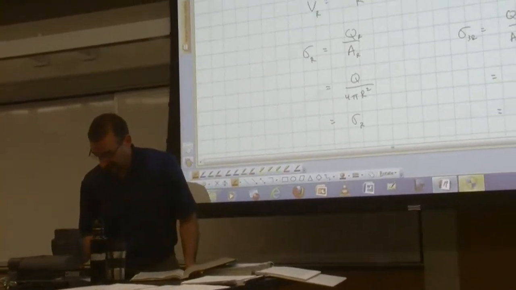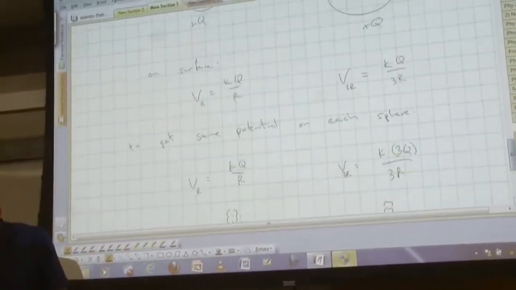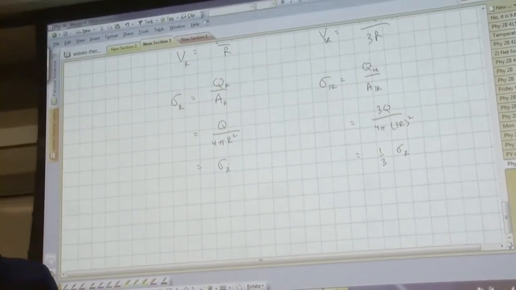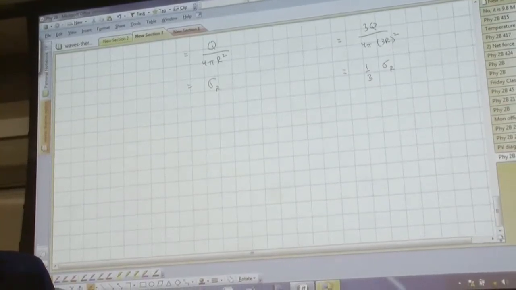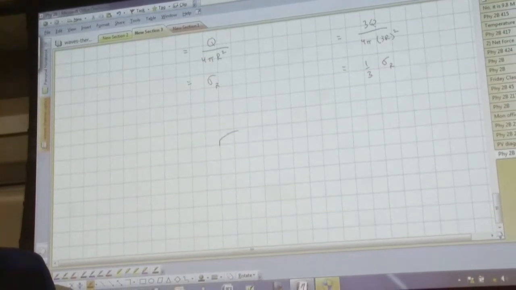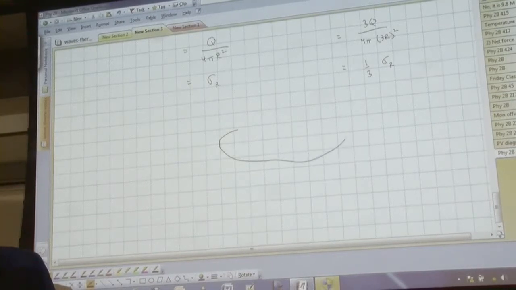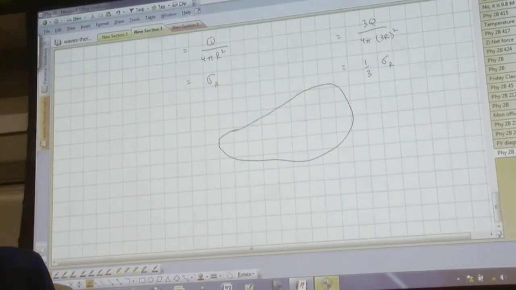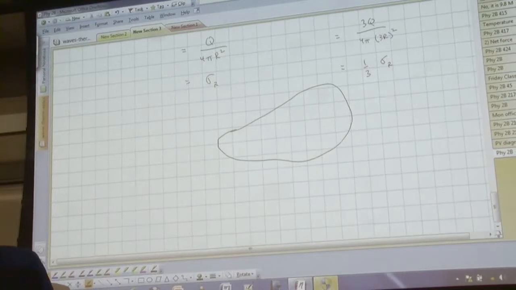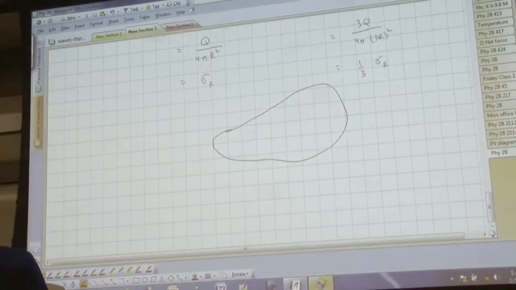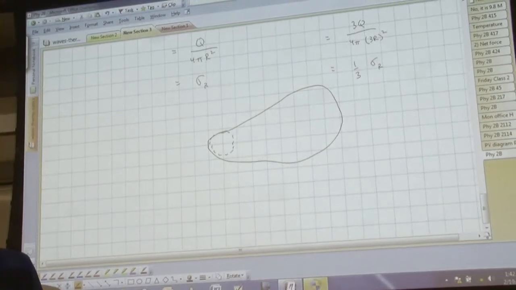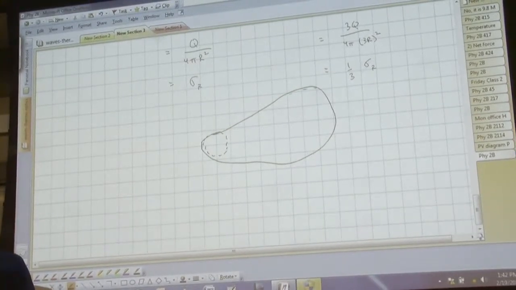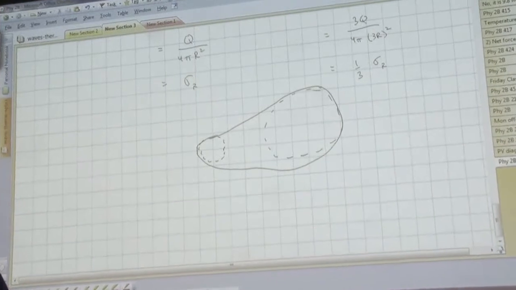So if we connected these two with a wire, or if we had a shape that resembled a smaller sphere on one side and a larger sphere on the other side, something like that, the tighter radius of curvature, you could view this as being the small sphere, and this as being the large sphere, right?